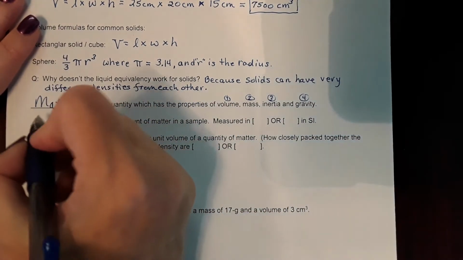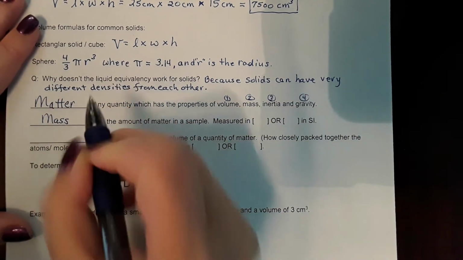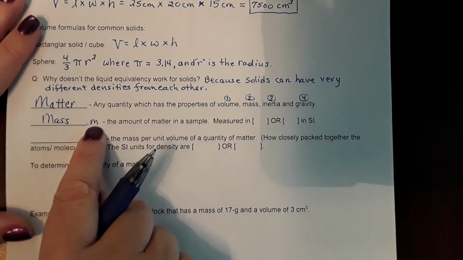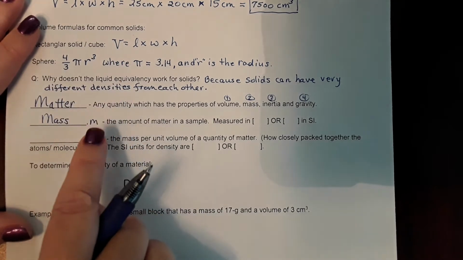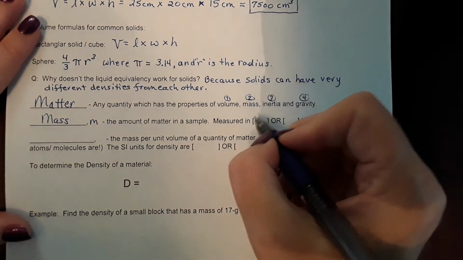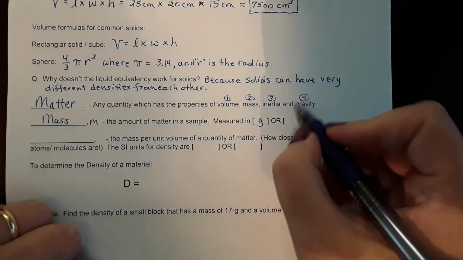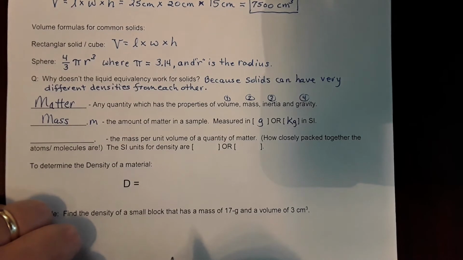What is mass, however? Well, mass is simply the amount of matter in a sample, okay? We do use in formulas a lowercase m to represent mass of a substance. Capital V for volume, lowercase m for mass. Now, when we measure mass, it's measured in grams if you're measuring small items, or kilograms if you're measuring large items in System International, okay, in SI.